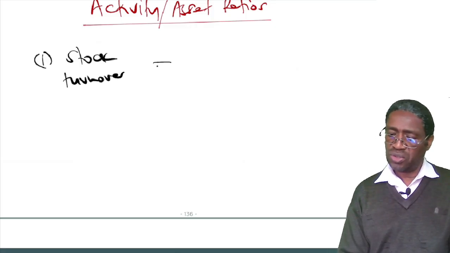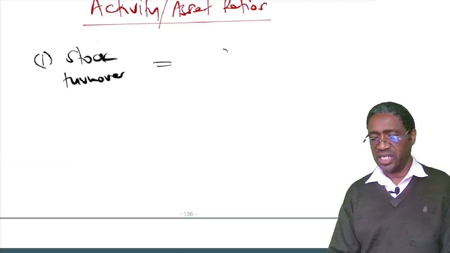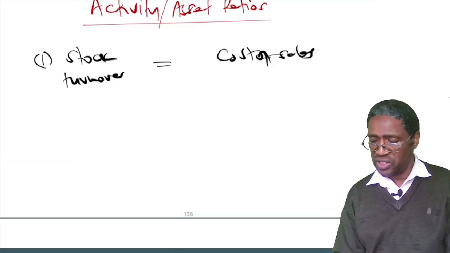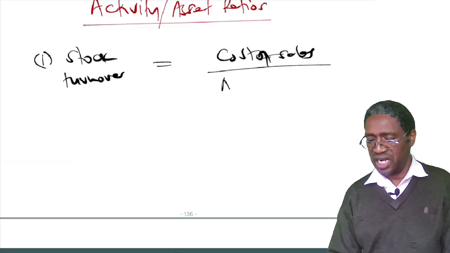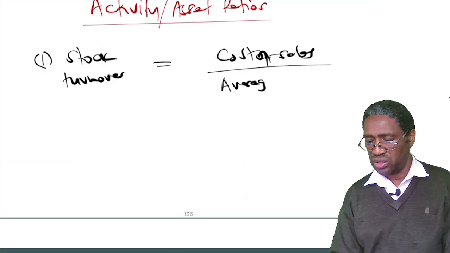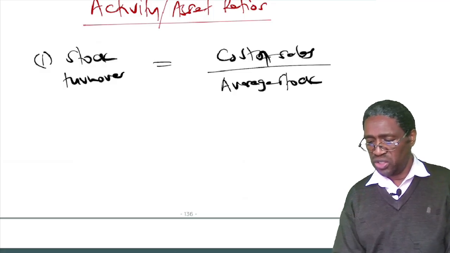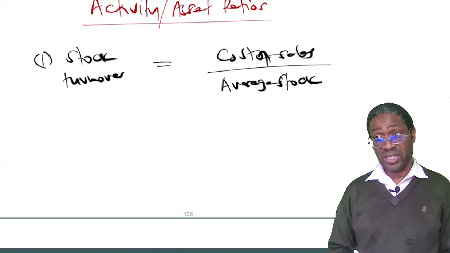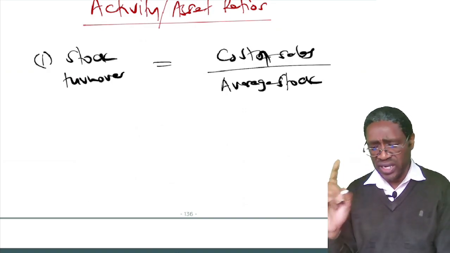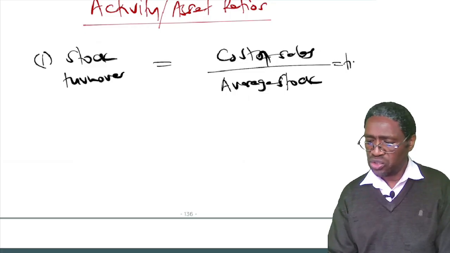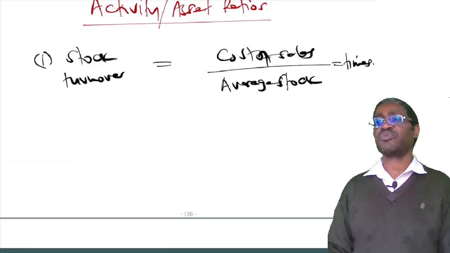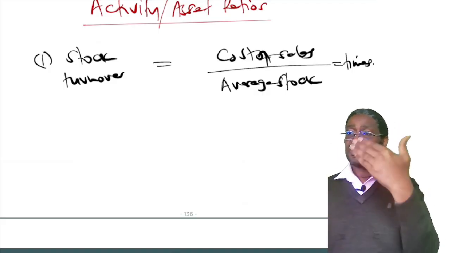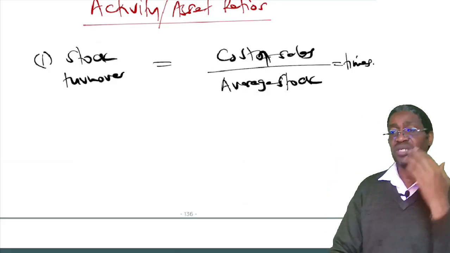To get the stock turnover, we take the cost of sales, whatever is your cost of sales as a company, and divide that by what we call the average stock. Listen, whatever answer you get should always be expressed in terms of times. It could be 2 times, 3 times, 4 times, and so on.